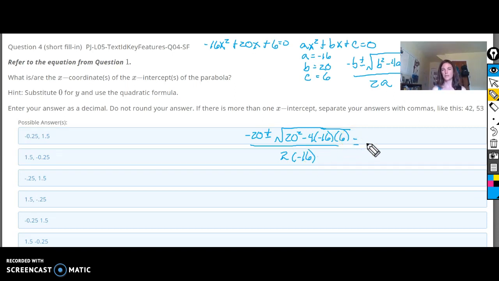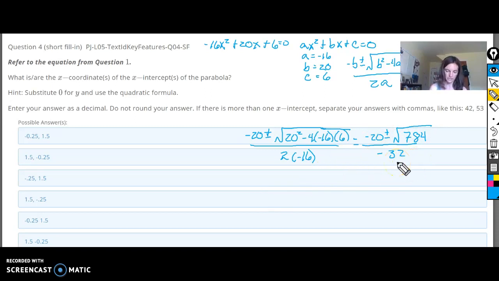Okay, so 4 times 16 times 6 is 384, and I'm going to add that to 20 squared, which is 400. So I've got negative 20 plus or minus the square root of 400 plus 384, so 784, all over negative 32, which is 2 times negative 16.